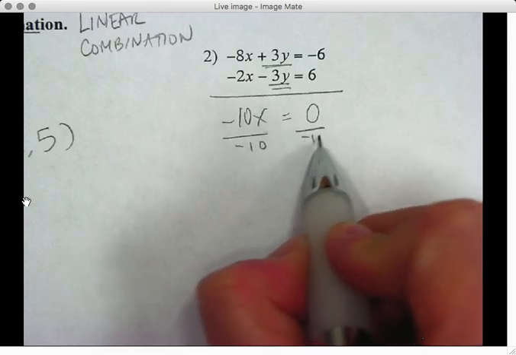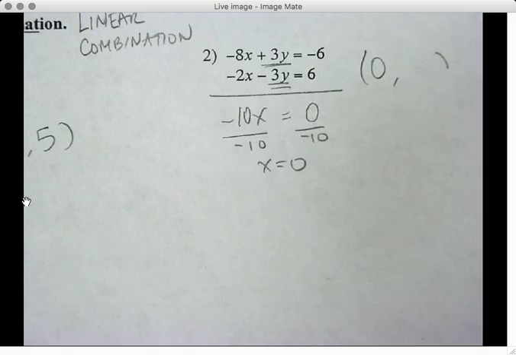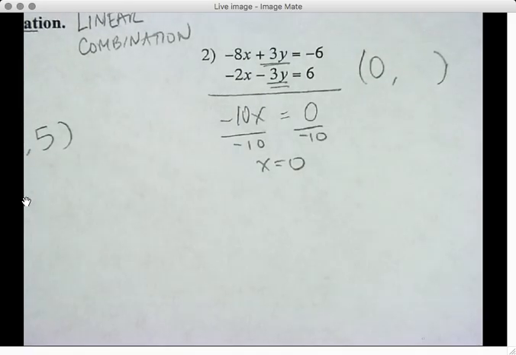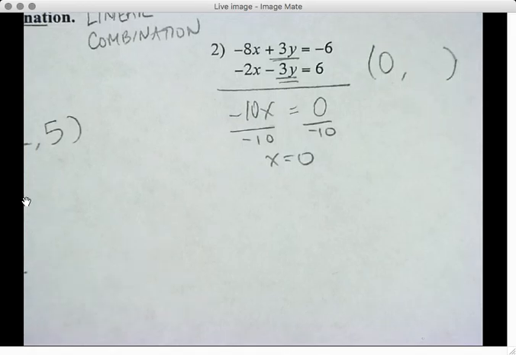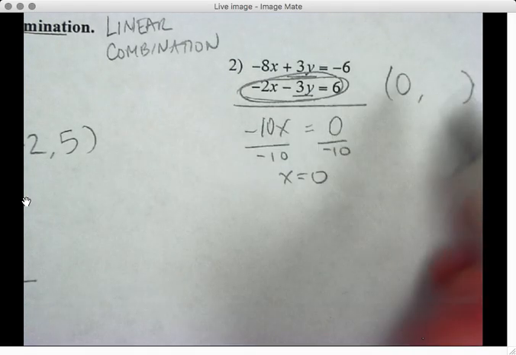So when I solve this equation, I get x equals 0, okay, which is totally fine. All right, 0 is a number. It can be part of your answer. So I'm going to plug that in to either of those two equations. It doesn't matter which one. Again, I think I like the bottom one better.